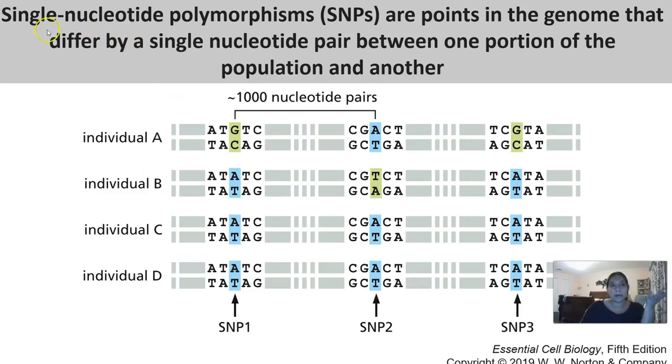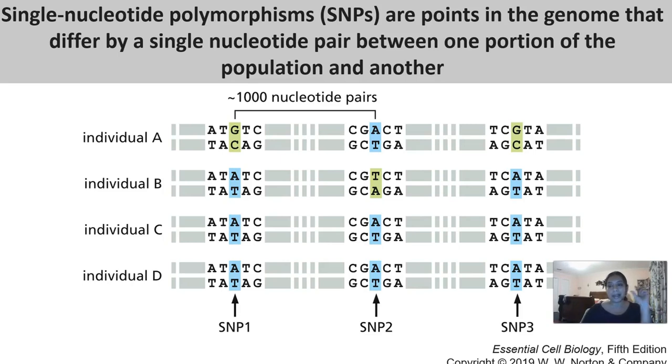So one thing to remember about SNPs is that to be classified as a single nucleotide polymorphism, it has to be a single nucleotide change in the sequence that does not affect the final outcome of the protein. So it's still going to lead to the same protein sequence. It's not going to have any effect on it. All these sequences would still lead to the same product, even though the nucleotide is different.